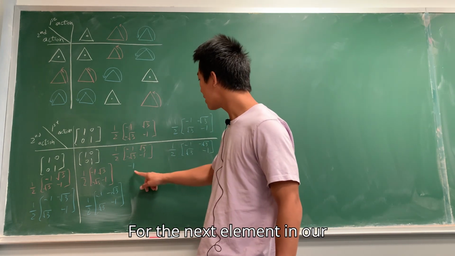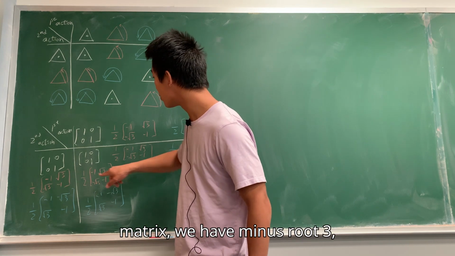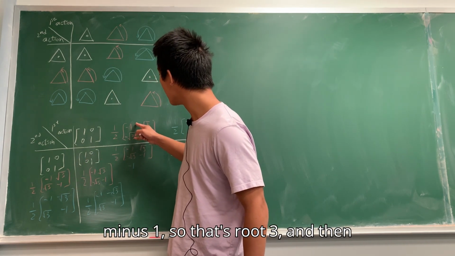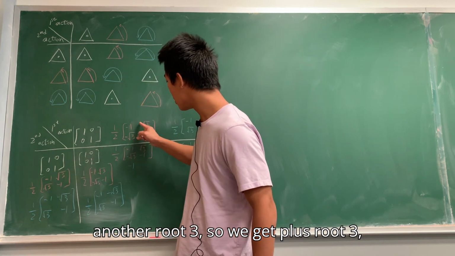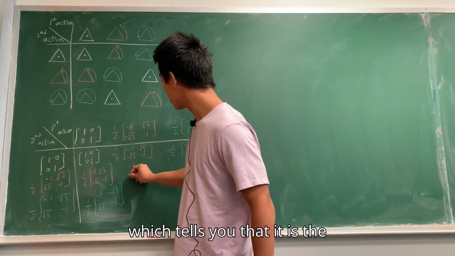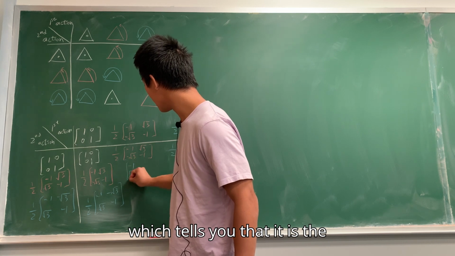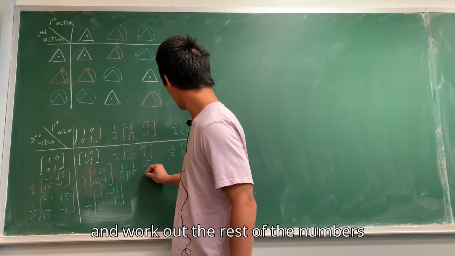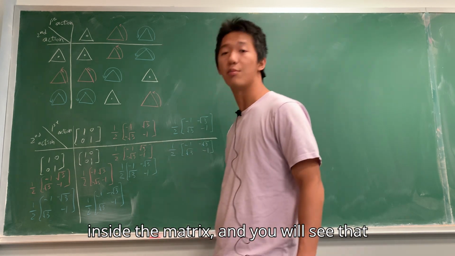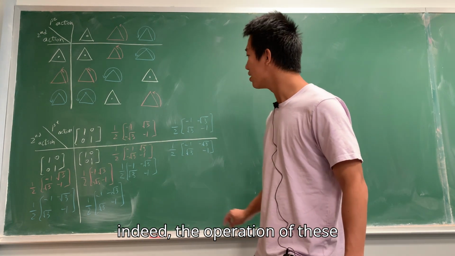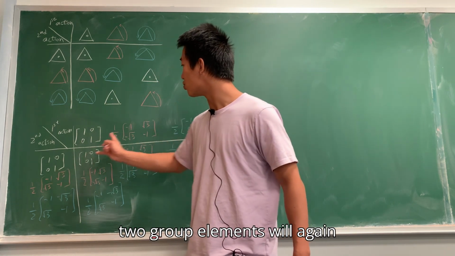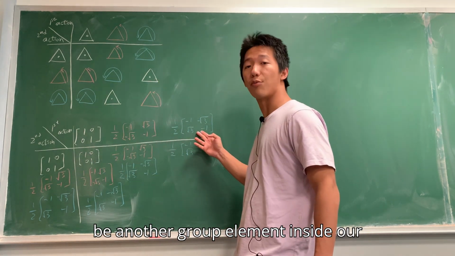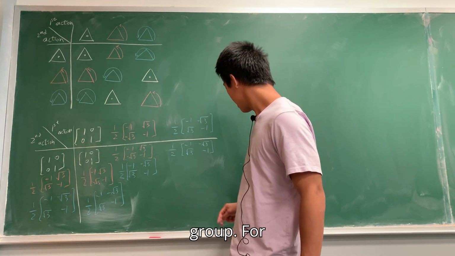For the next element in our matrix, we have minus root 3, minus 1, so that's root 3, and then another root 3, so you get plus root 3, which tells you that it is the blue matrix. You can work out the rest of the numbers inside the matrix, and you will see that indeed the operation of these two group elements will again be another group element inside our group.